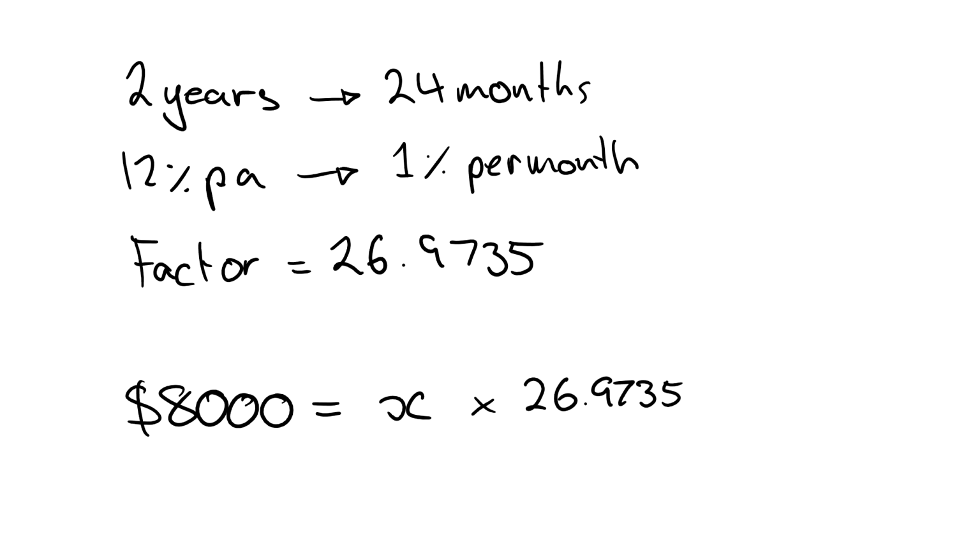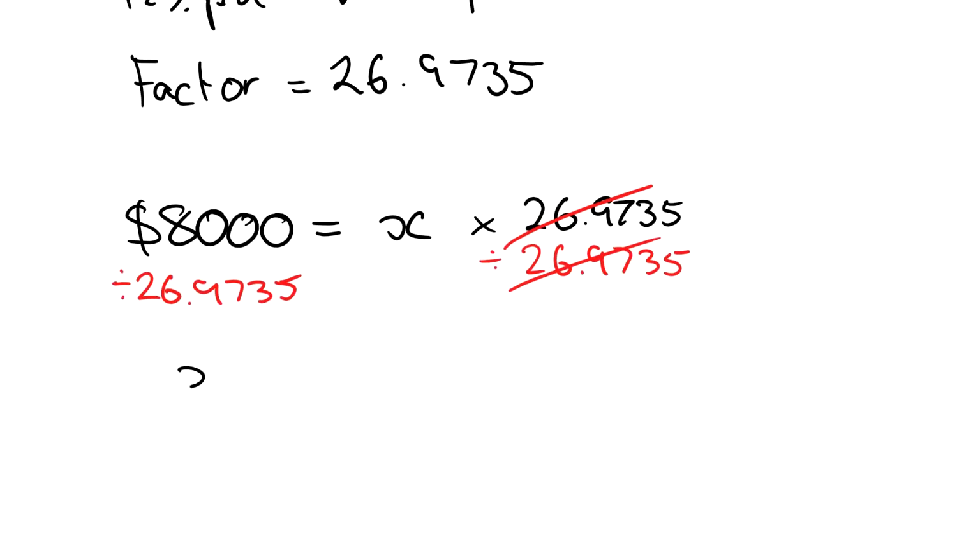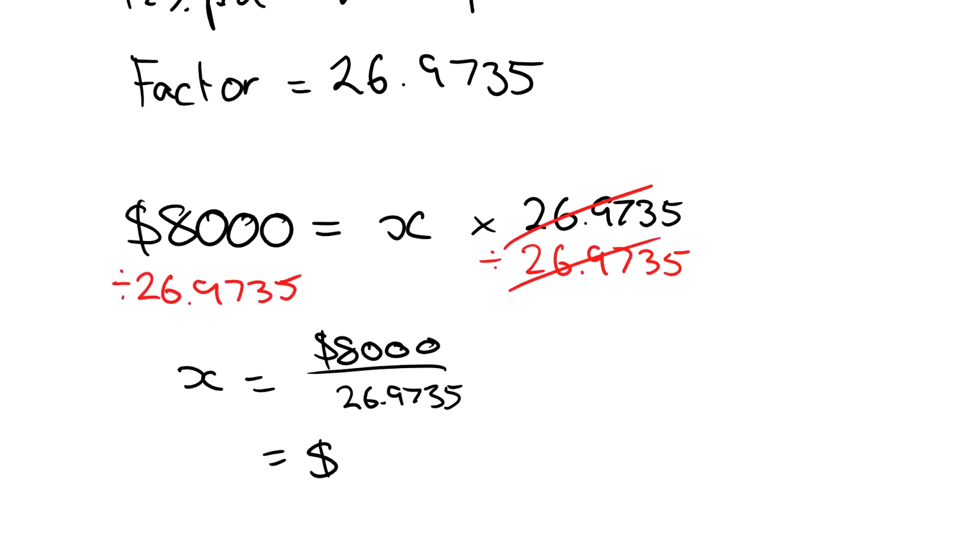I can rearrange this and divide by my factor. What you do to one side, you do to the other side. They cancel out, and I'm left with X equals 8,000 over 26.9735. That comes out at $296.59 per month.